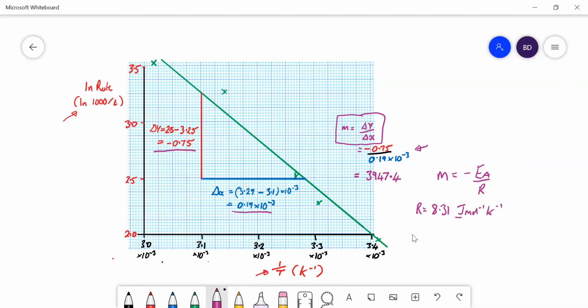So let's rearrange this equation to give us the activation energy.